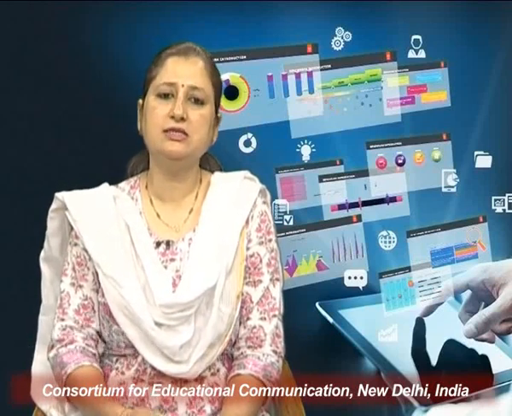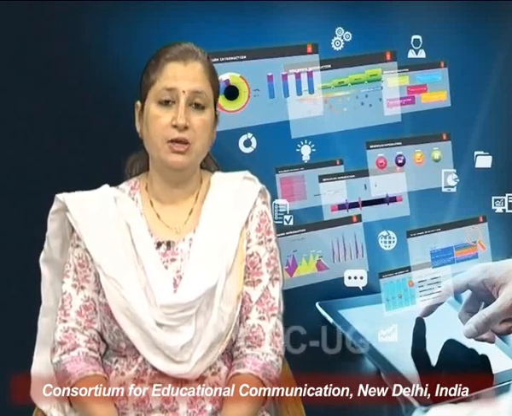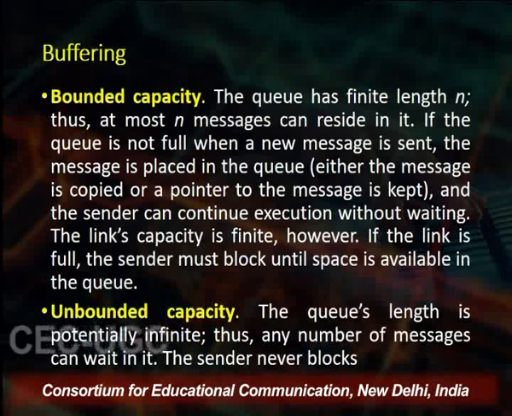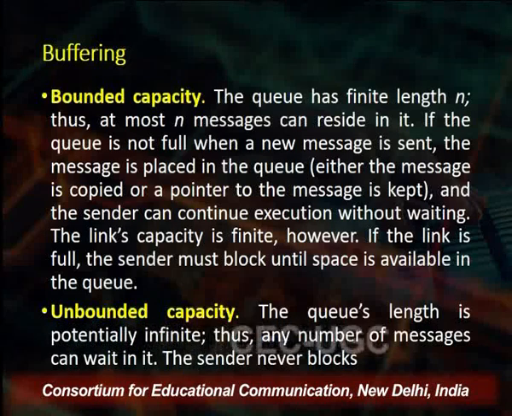Then next is the unbounded capacity queue. Unbounded means that the length of the queue is potentially infinite, that is any number of messages can be transferred to it and the sender will never block. So the messages can keep coming and they can be added to the queue on a continuous basis.